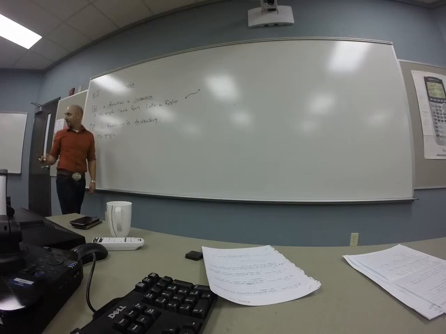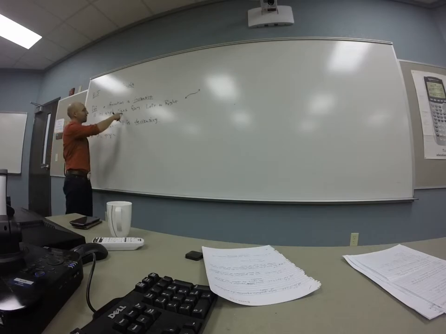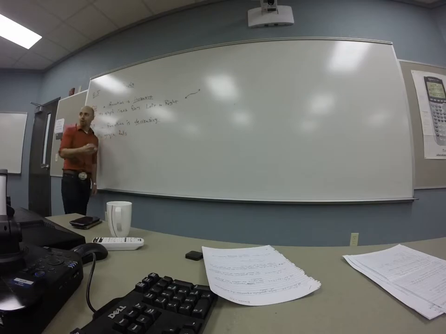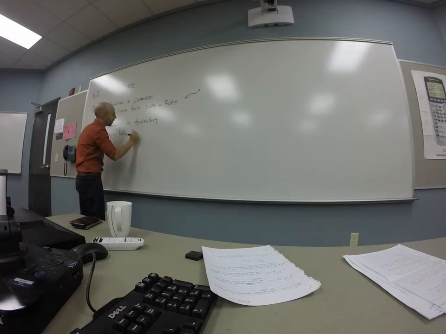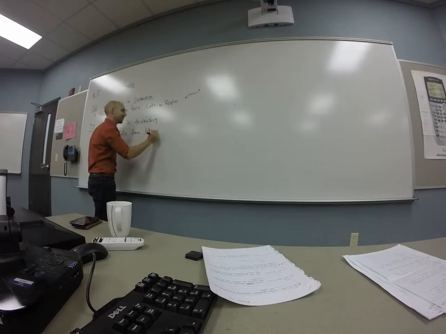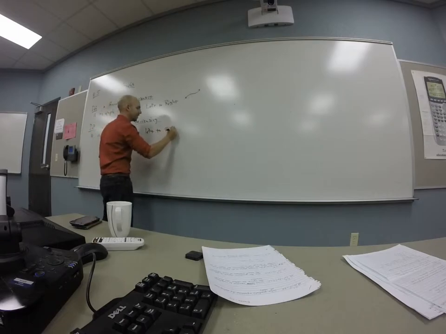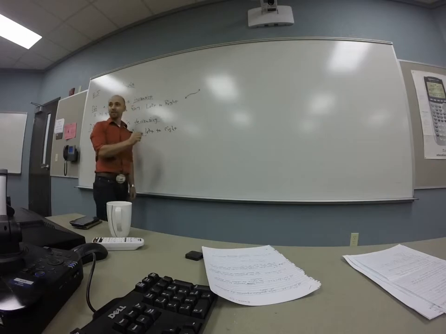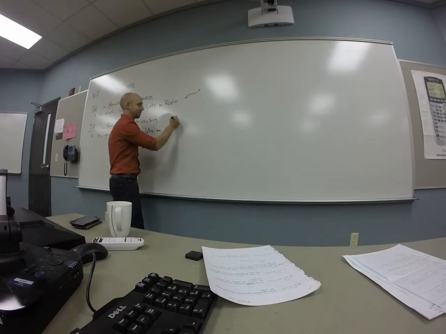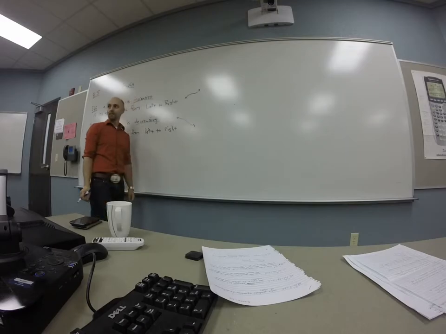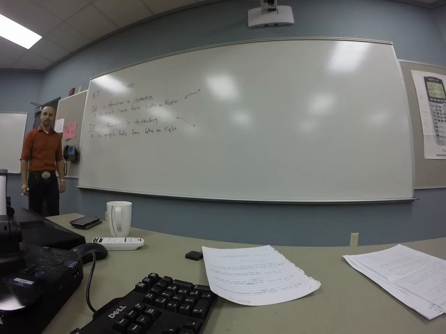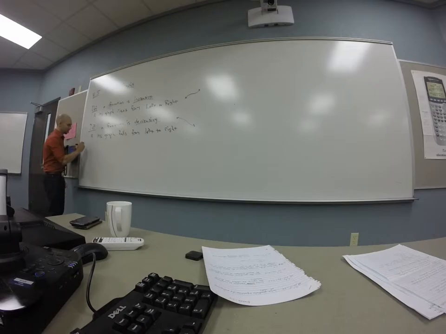I'm trying to define decreasing, so I probably don't want to use decreases. Goes down. Rises and falls is kind of the opposite, but there are a number of words you could put in here, from left to right. So that looks something like this. Okay? All right.